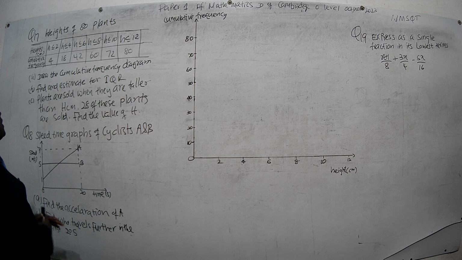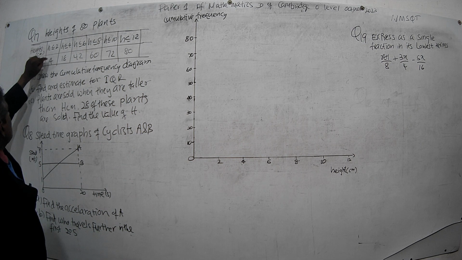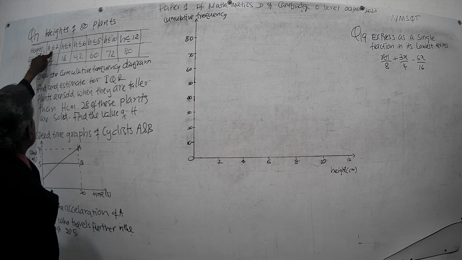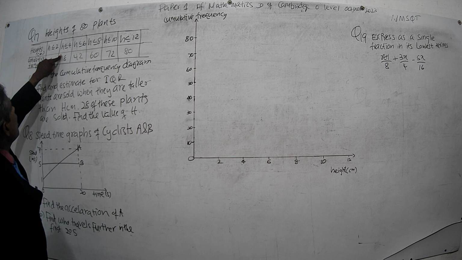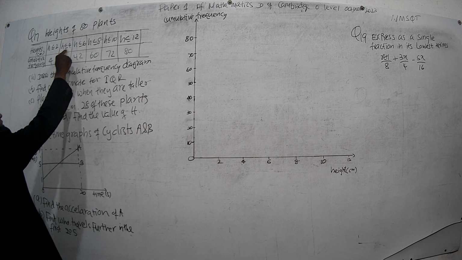Here the cumulative frequency 4 means there are 4 plants of which the height is less than or equal to 2. There are 18 plants of which the height is 4 or less.